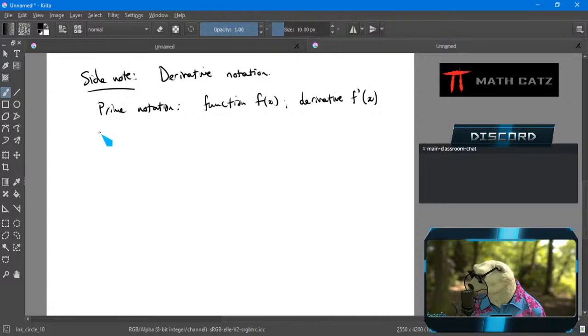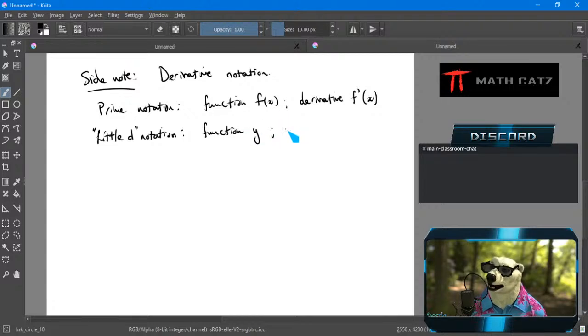We also have what I'll call, I don't know if it's official. It's not official. I'll call it little d notation. Because the derivative is the slope of, let me just call the function here. Usually we call the function y in this case, but it can be anything, function name.